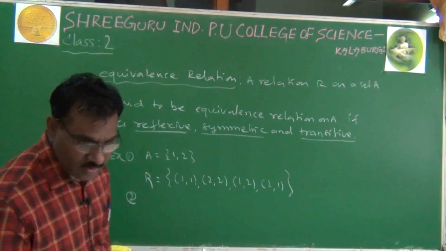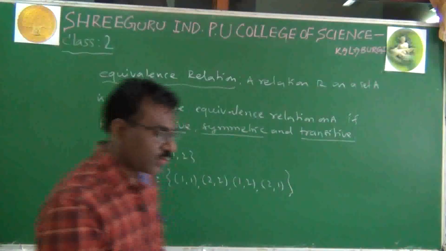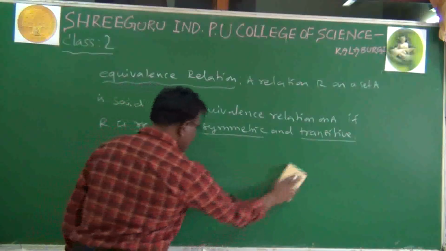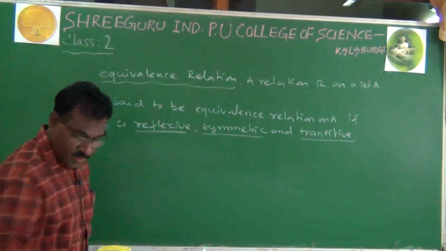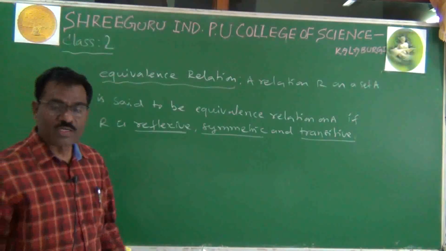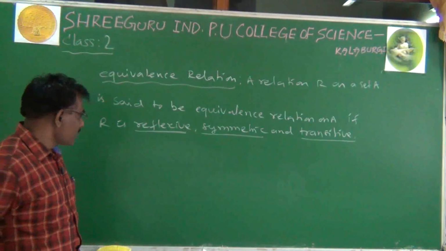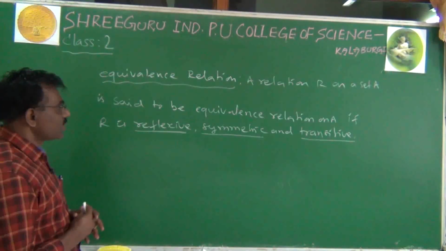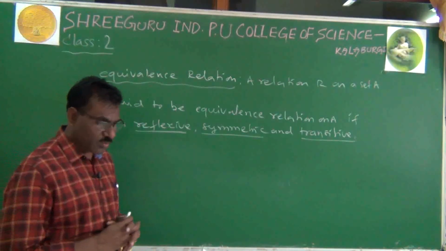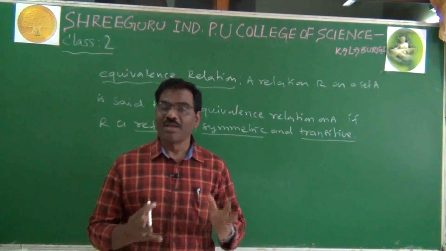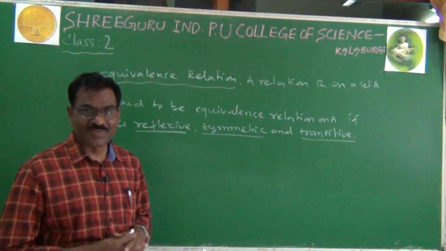Okay, so this is the second example, example number 2. Yesterday reflexive, symmetric, transitive I explained generally. Now an equivalence relation example in general.